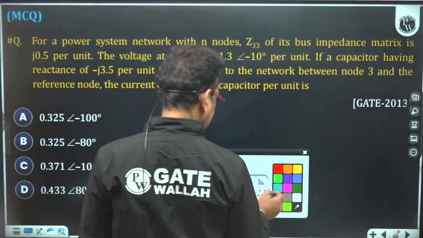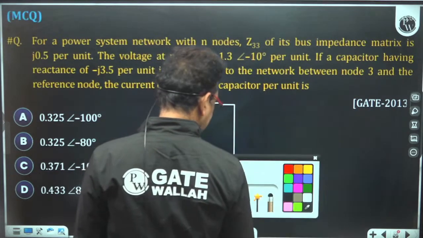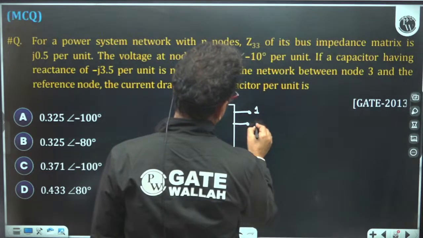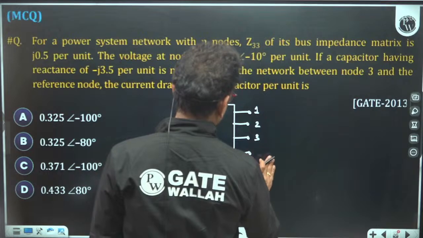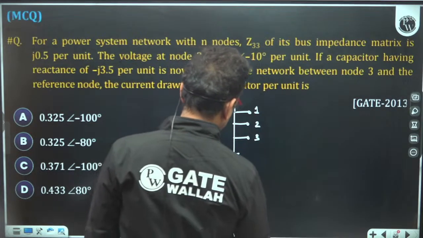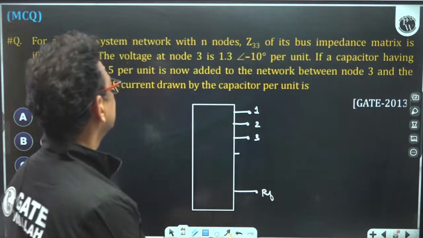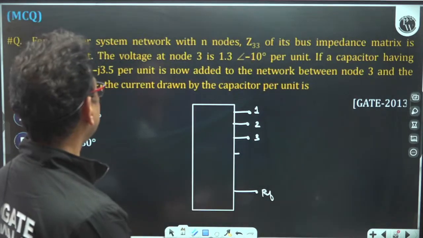See, this is my power system, which is having the n buses. 1, 2, 3, like this. Now there is one reference bus. Z33 of the bus impedance matrix is J0.5.